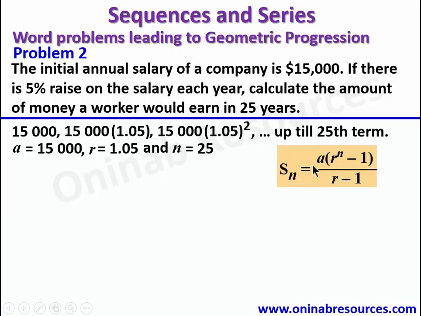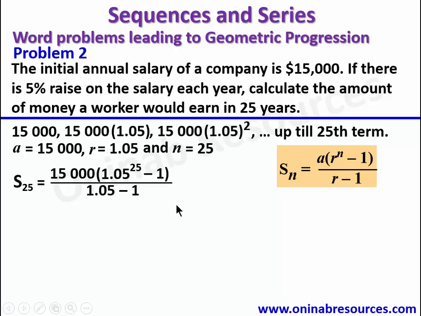So we still remember our Sn is equal to A into r raised to the power n minus 1 over r minus 1, so that S25 will be A, which is 15,000, into 1.05 raised to the power 25 minus 1 over 1.05 minus 1.